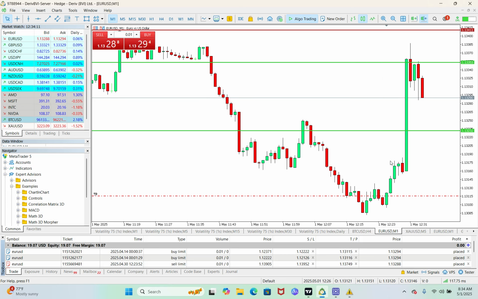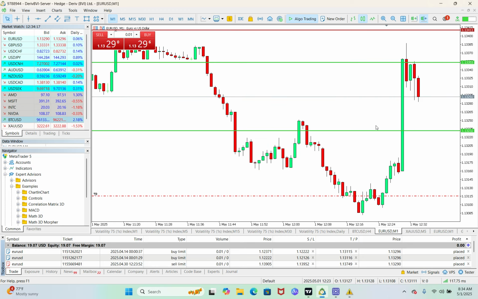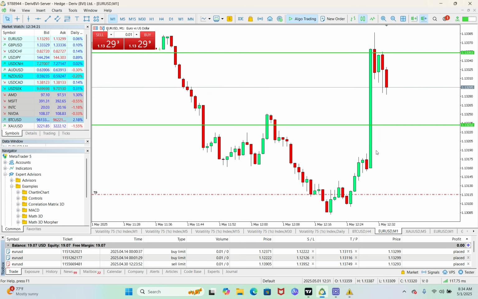Now, this area right here is an area of interest. These 2 areas, the fact that buyers were able to push the market all the way through, right? Now we're going to look to take a buy right here, and probably right here. If buyers are still in the market, we might be able to get a trade right here, with this strong bull candle going all the way up, showing us that strong buy pressure is in this area.